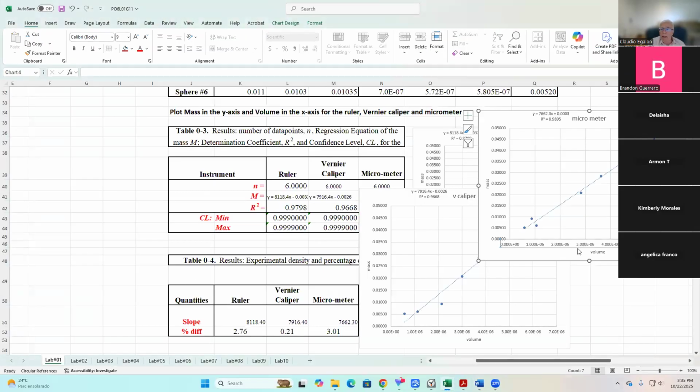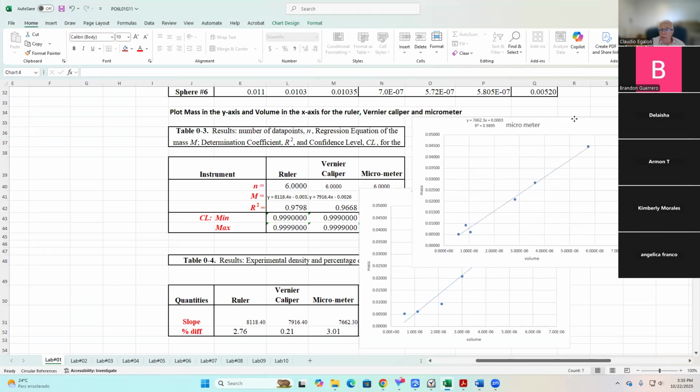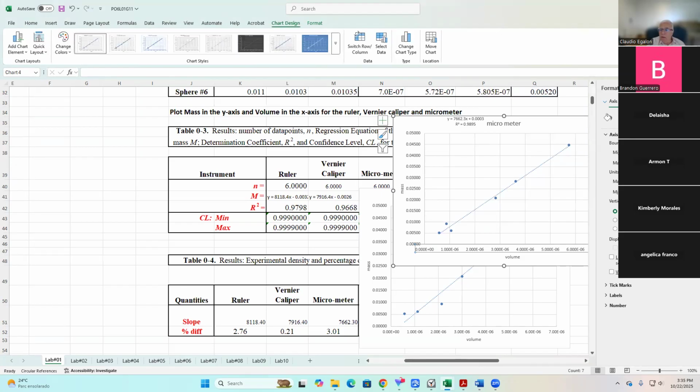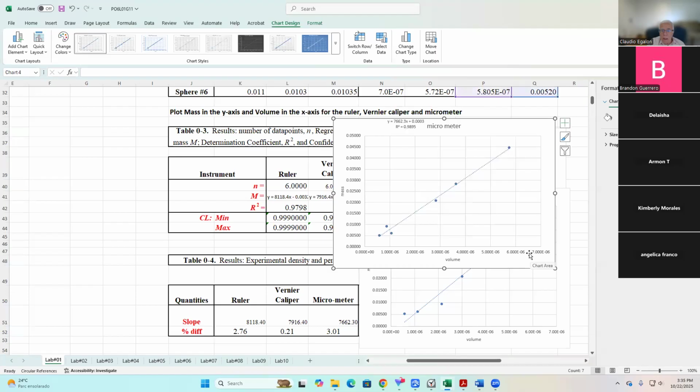Okay, here you go, you can eliminate this area just by adjusting the axis option.